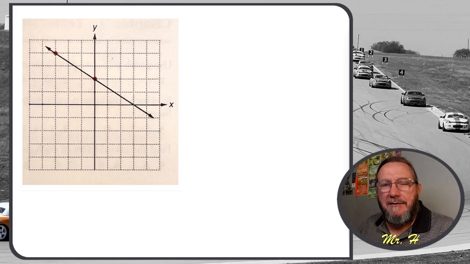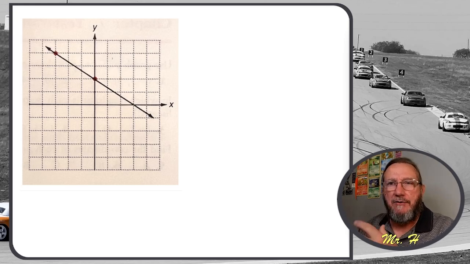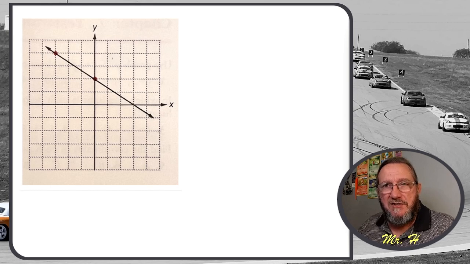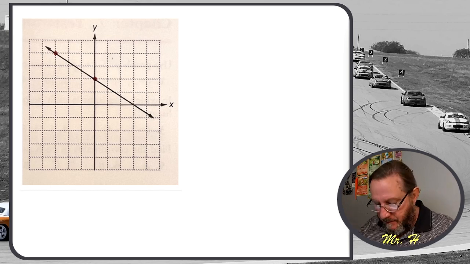All right, welcome back. As I look at this graph, I'm asking myself, is there any way I can get a slope and a y-intercept? The previous problems, we've not been able to do that. We've had to do some work to calculate those values. But on this picture, I'm actually fortunate because I can get all of the information just by studying the picture of the line.